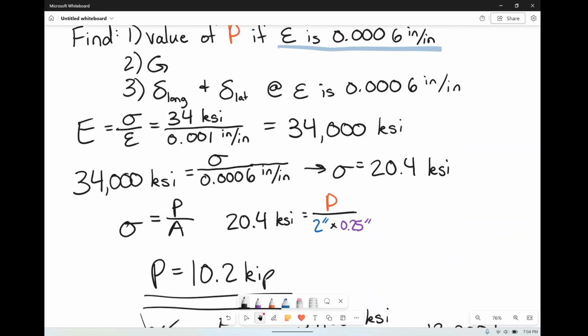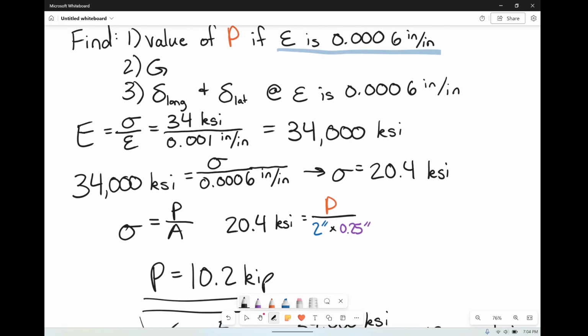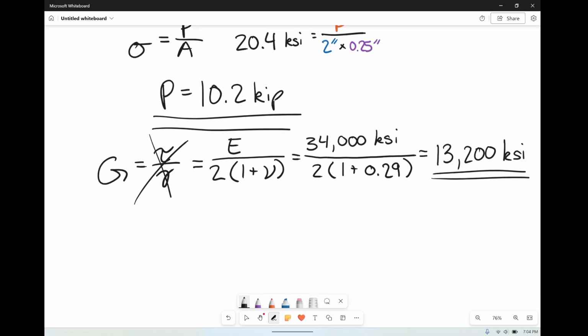Next up, the only other thing to find is the latitudinal and longitudinal deformations. So how much it's actually changed in size when that strain is 0.0006 inches per inch. This is kind of easy since we already were given that strain. And this is the longitudinal strain because it's the normal strain.